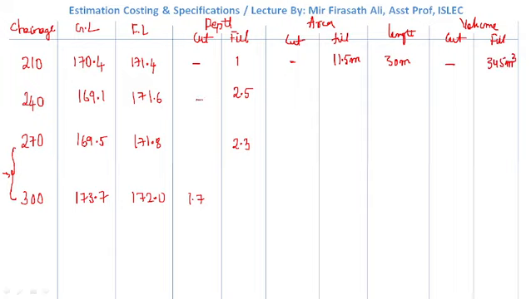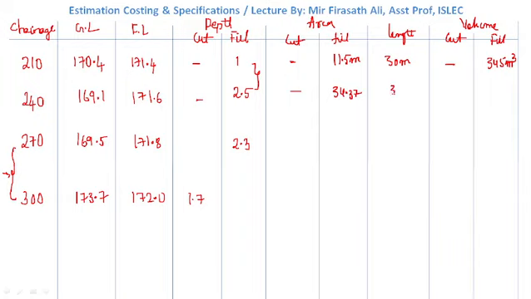345 meter cube. Again, now let us take these two, the average of two depths 1 and 2.5, and put it in the formula for area. Okay. If we put it in the formula for area, the value will be around 34.37. How much is it? 34.37. Okay.